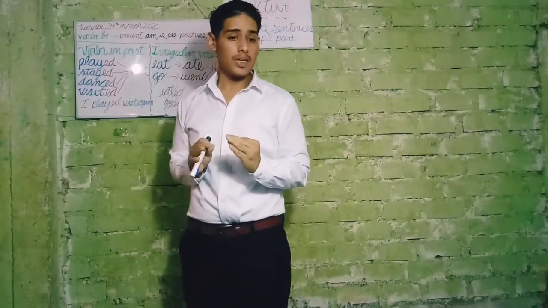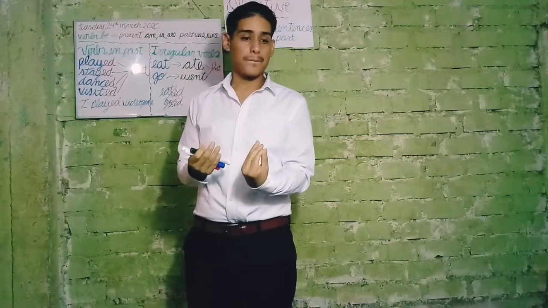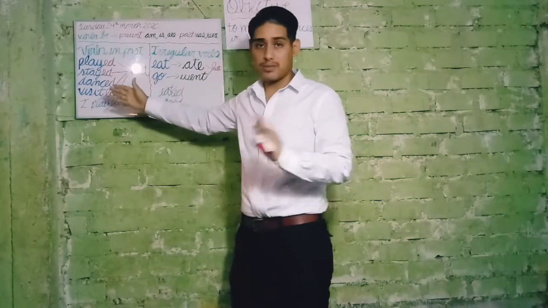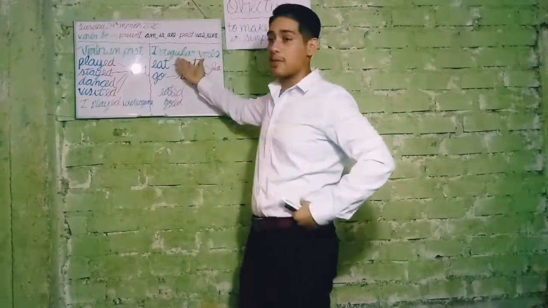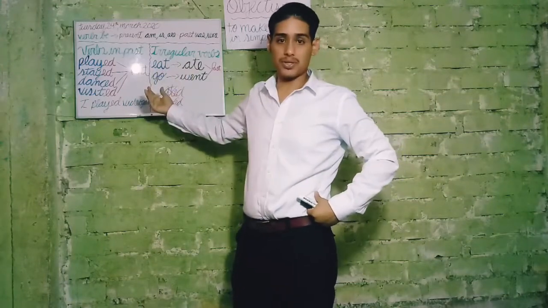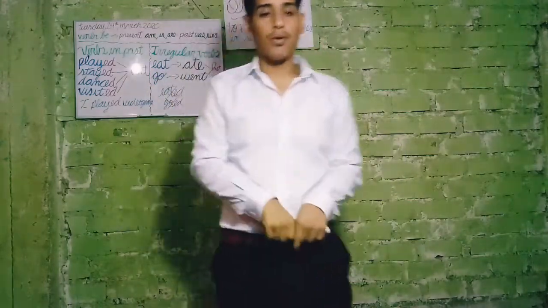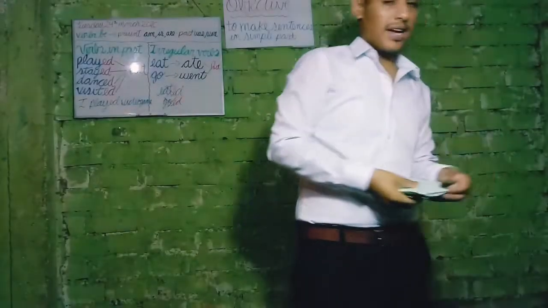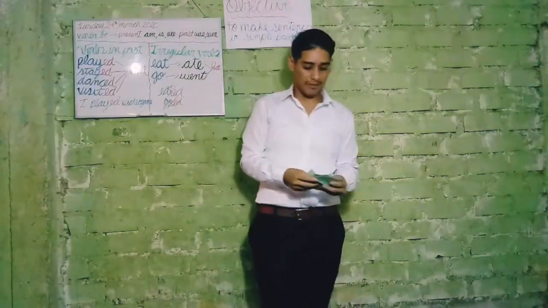Now I have some sentences to complete. You have to complete sentences with verbs in the past, and we have irregular verbs in the past. And before doing this, I want you to do a little recognition game.